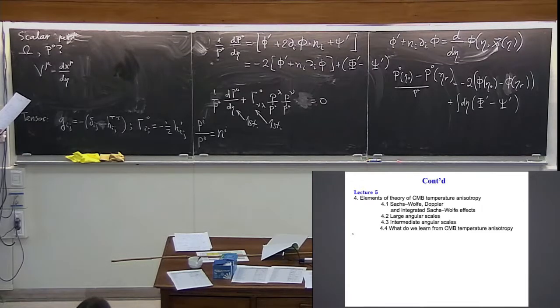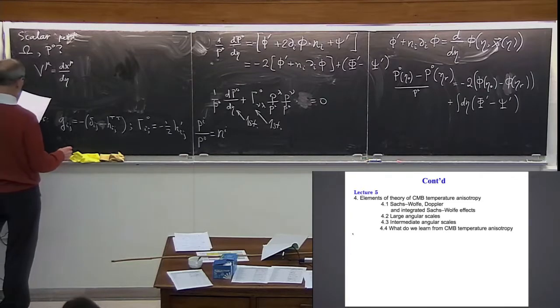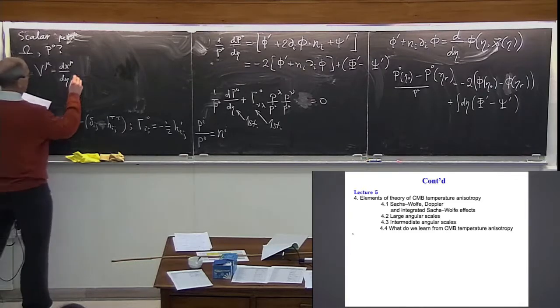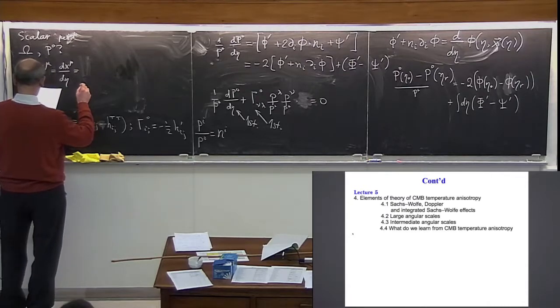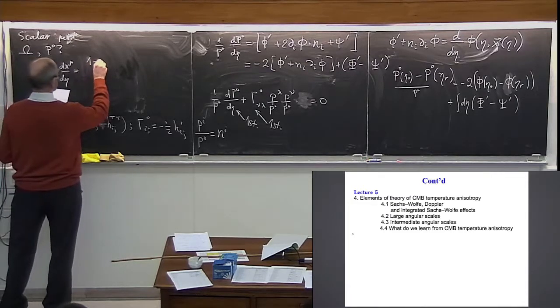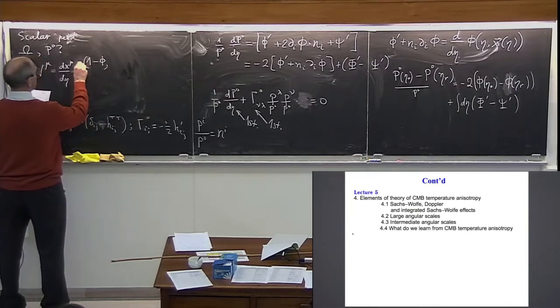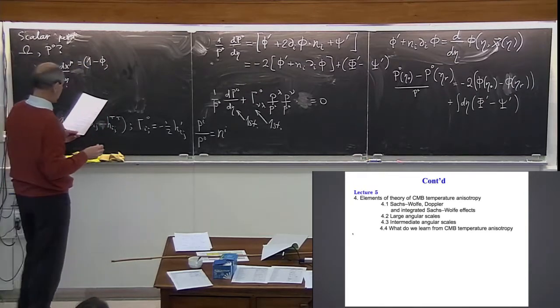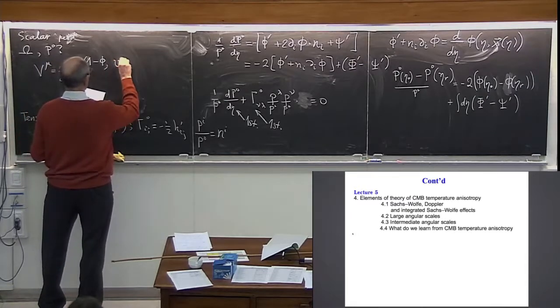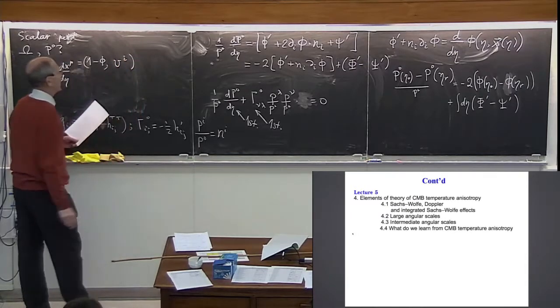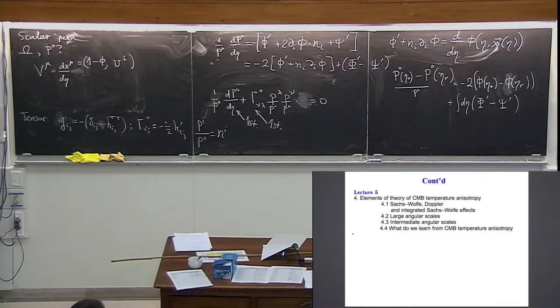This is the physical velocity, and as we wrote, this is its zeroth component, 1 minus phi, and v i, which is a spatial component, right? That's what we did before, when we started to do this perturbation. This is the velocity of my medium.